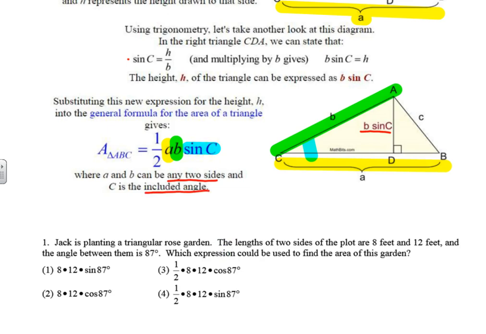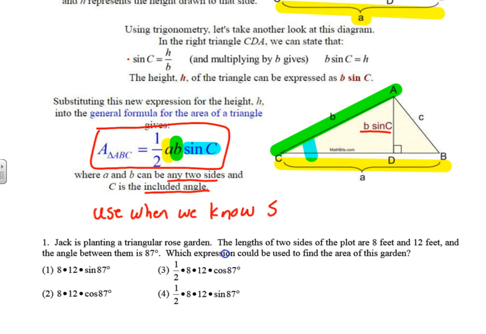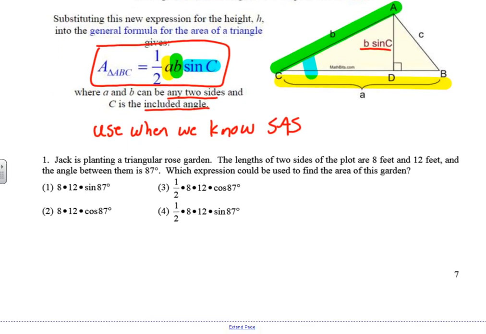This is our new formula for the area of a triangle. Sometimes people think of it as side, angle, side. If you have two sides and the included angle, we can use 1/2 AB sine of C. All right, let's do some examples with that.